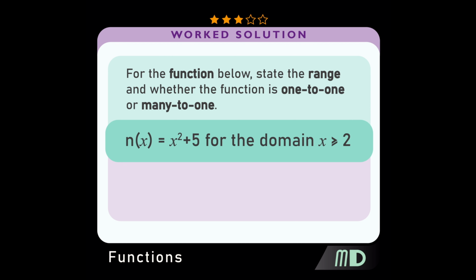The graph of a function is a visual representation of both the domain and range, with the domain represented by what happens along the x-axis and the range what happens along the y-axis.